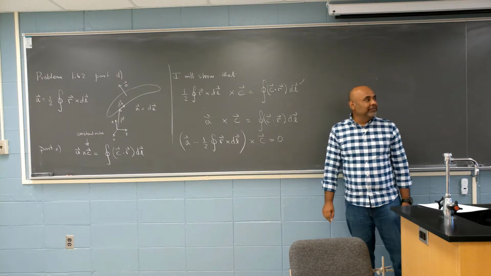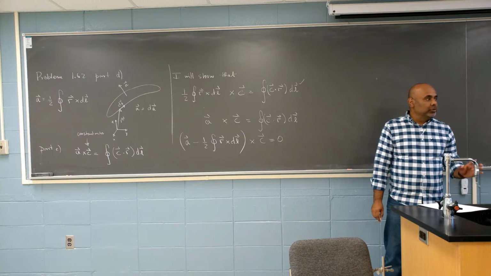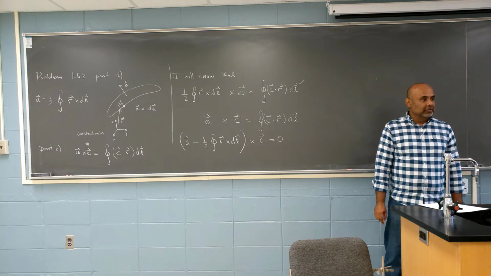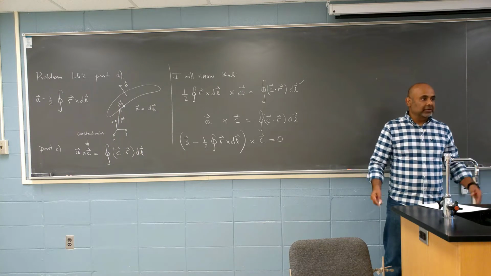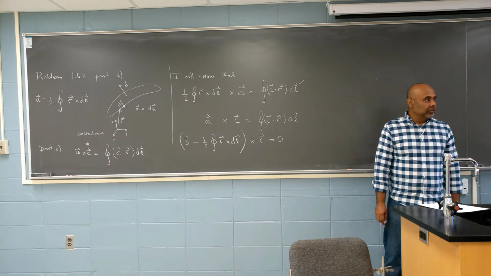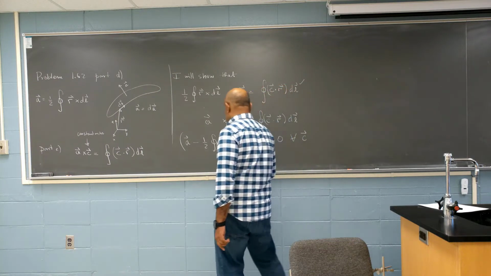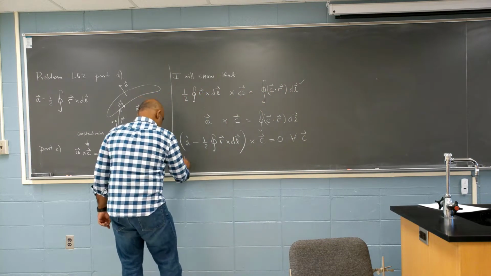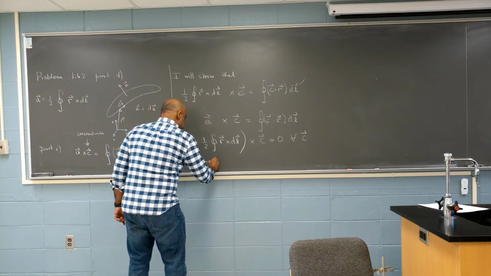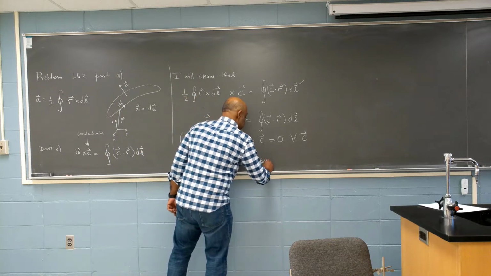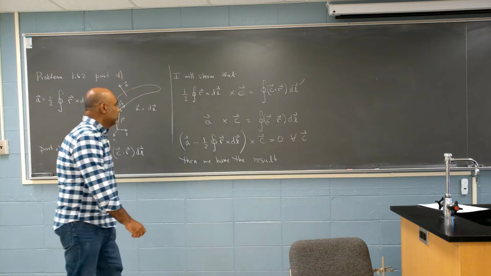Which is the only vector whose cross product with every vector is 0? The 0 vector. Yeah? Cross product with every vector is 0. So this is for every C. Then we have the result.